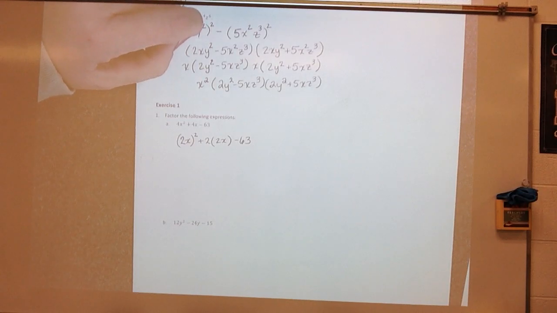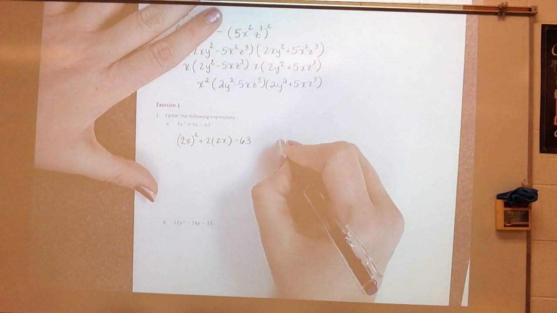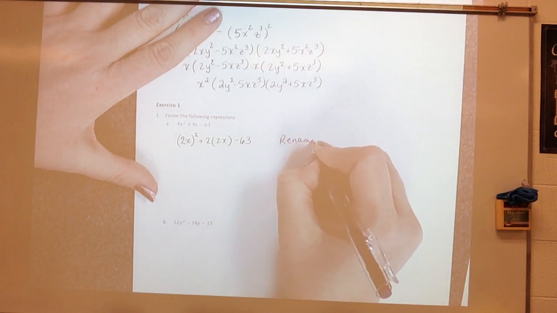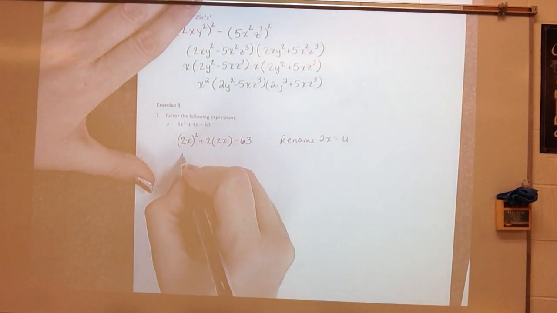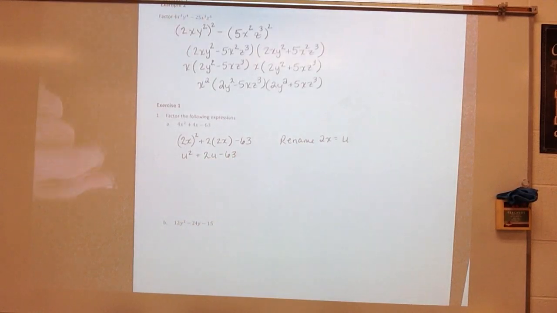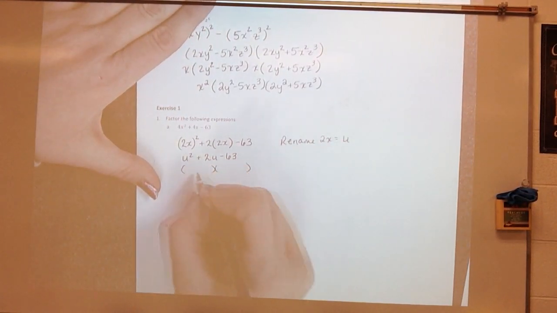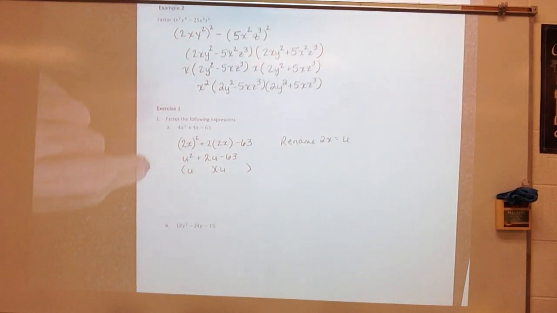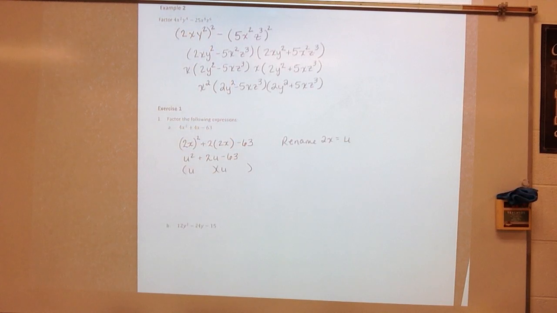Once again, I can rename my 2x as u. So now I've got u squared plus 2u minus 63. I can factor this. U and u. Think about 63. It's a plus minus, so I need to be able to subtract my factors of 63 and get 2.